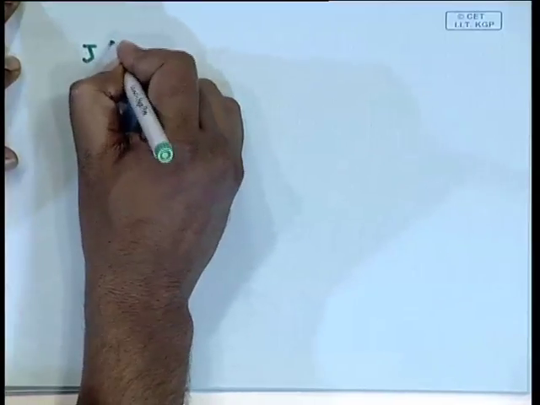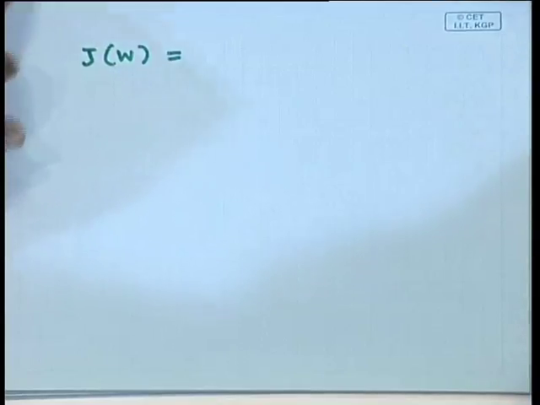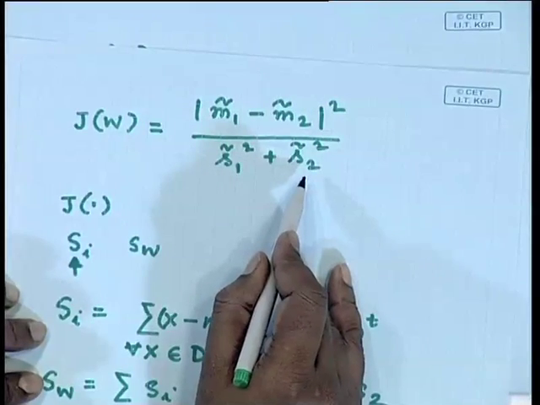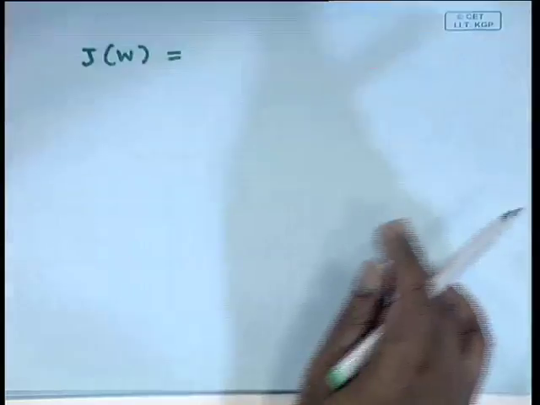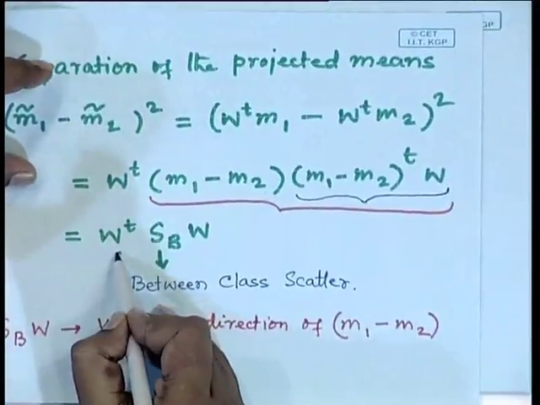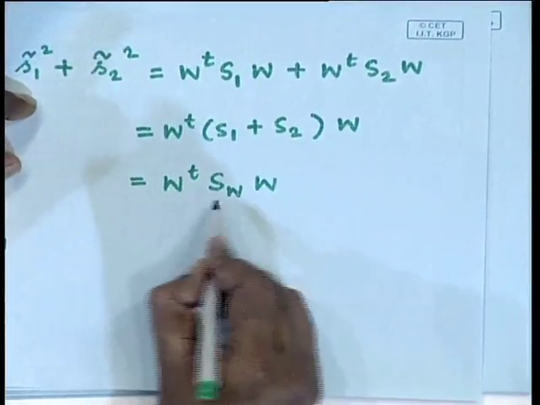So, now if I redefine our criteria function as J W, in the earlier case it was M 1 tilde minus M 2 tilde square upon S 1 tilde square plus S 2 tilde square. And we have found that this M 1 tilde minus M 2 tilde square is nothing but W transpose S B W, and S 1 tilde square plus S 2 tilde square is nothing but W transpose S W W.